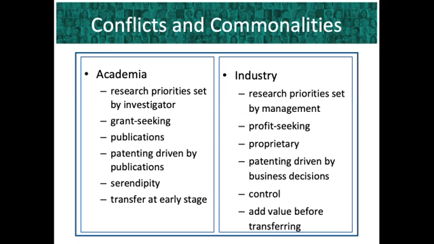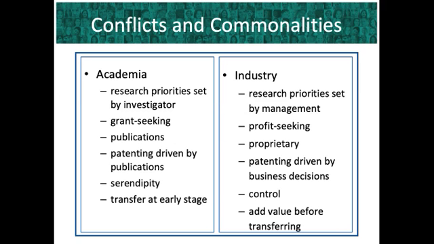Some of this is already reflected in that previous image, but one of the big differences is that in academia, the faculty, the investigators, be they research faculty or teaching faculty, are the ones that largely set their own research priorities, whereas in industry, the research priorities are set by management.